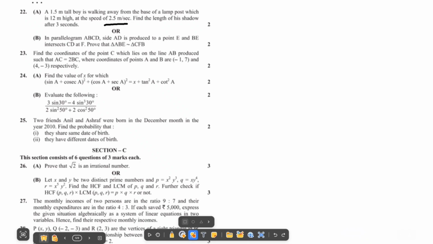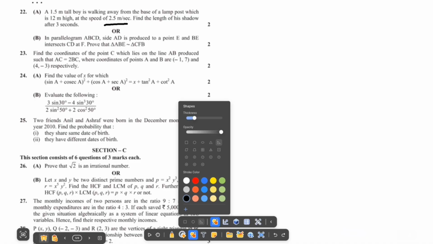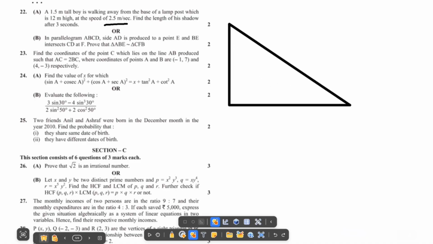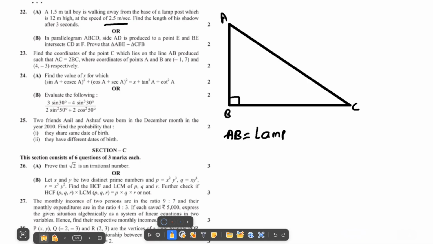So let's draw the diagram. Here AB is the lamp post, which is 12 meters high.